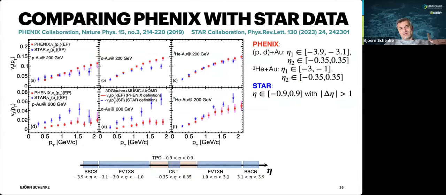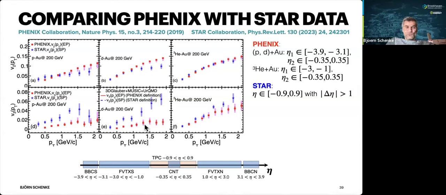And so this actually also explains, at least in part, the difference between two different measurements. I told you about the Phenix measurement, which are the red points in this plot. But there's also been a later measurement by STAR. And if you look at the V3, they actually disagree largely in proton gold and deuteron gold.